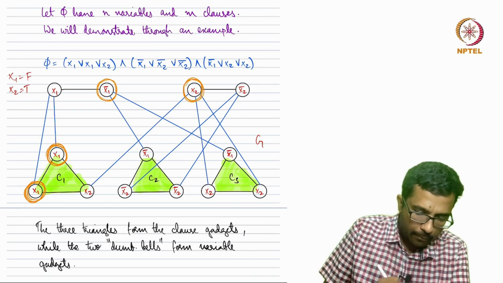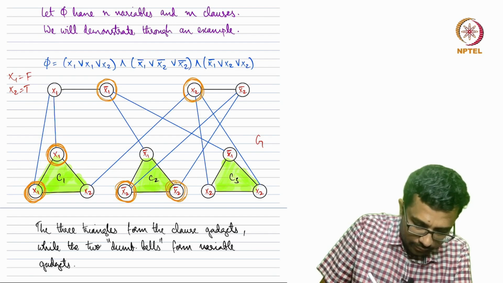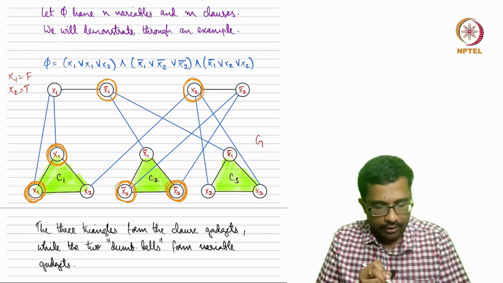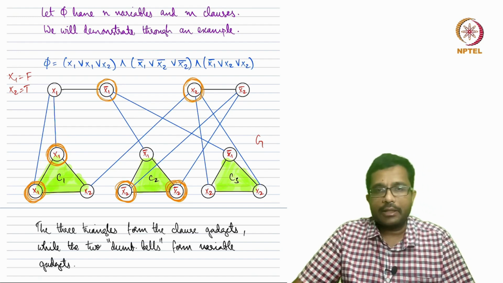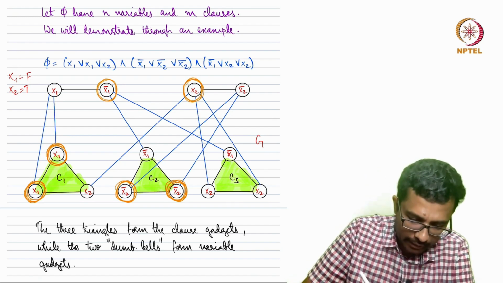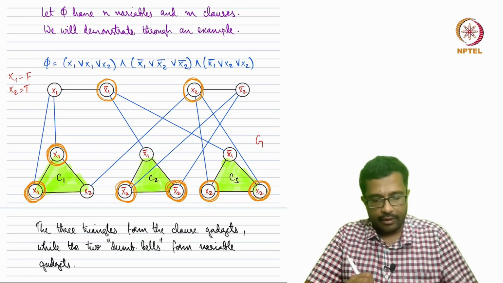Clause 2, x1 complement is a true literal, so we select the other two. Clause 3, in fact all the literals are true, but let me pick x1 complement as the true literal, and the other two are the ones that I pick.